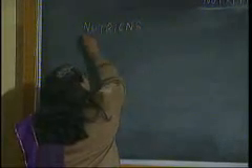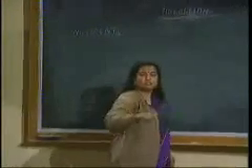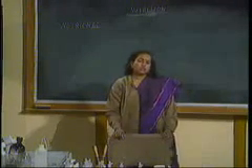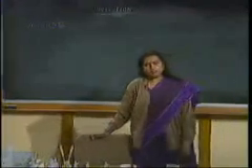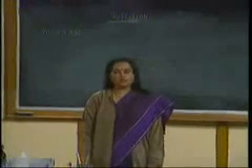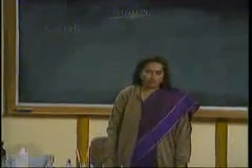Now, what are nutrients? Nutrients are the components of the food which help to grow, which help to maintain the body, which help to repair the worn out tissues, and they also help in meeting the energy requirements.